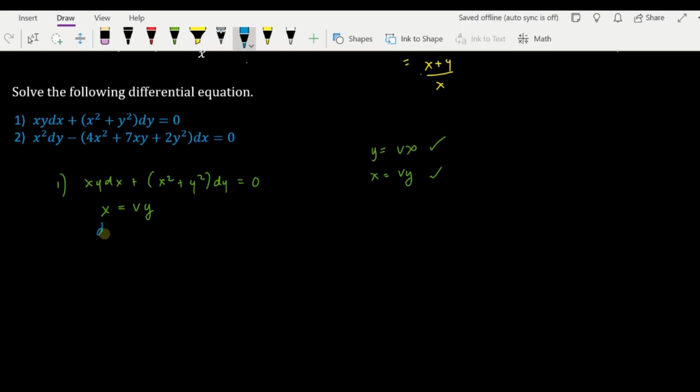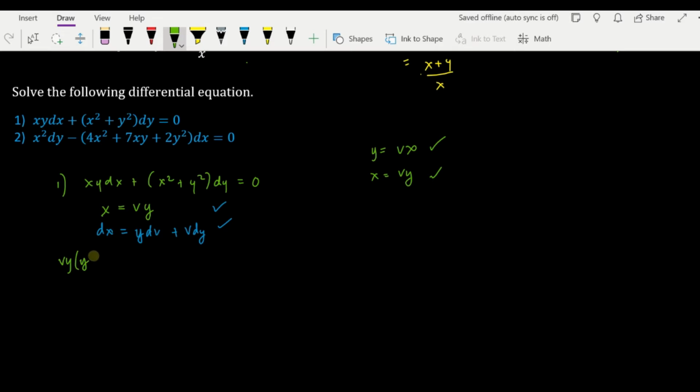So, derivative of x is dx, then derivative of v is dv times y, so y dv, plus derivative ng y is dy times v, so v dy. So, itong dalawang to, isa-substitute natin dun sa differential equation. Okay, simple lang. So, what is the value of x? Vy. So, we have Vy times the value of y.